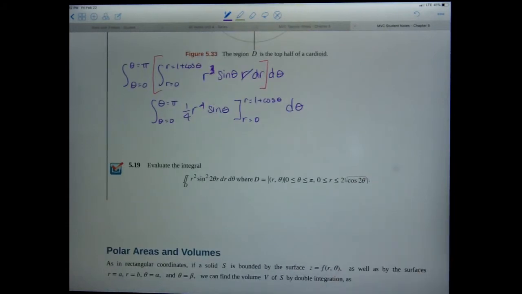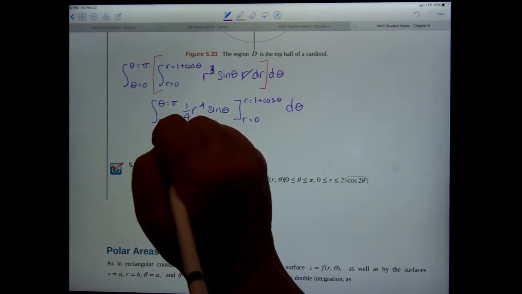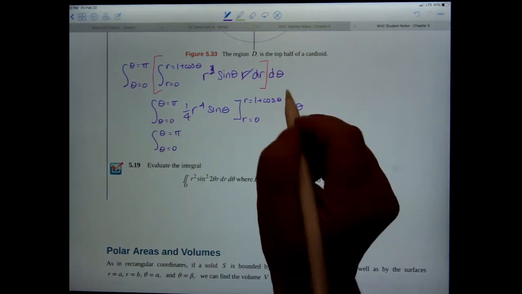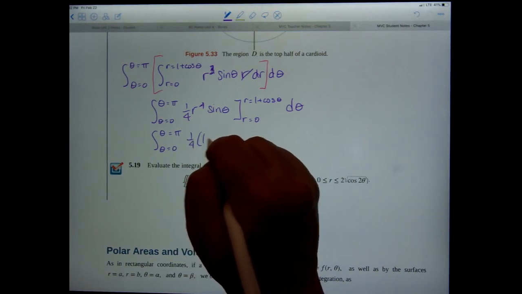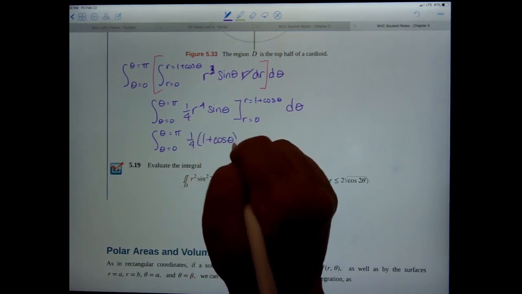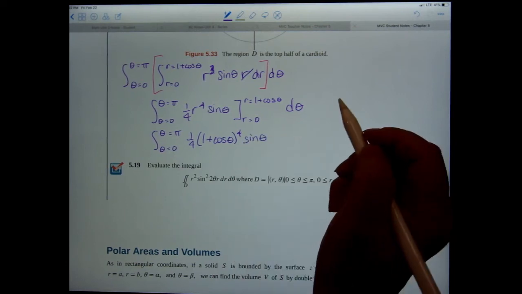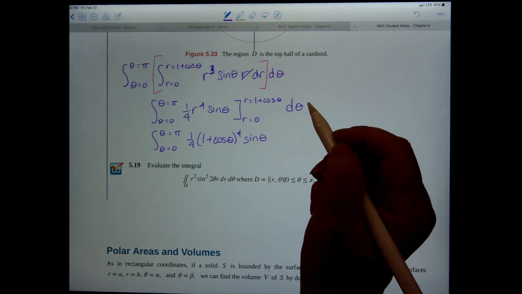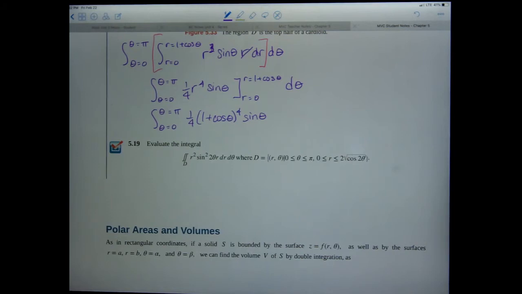Especially now when r becomes an equation. This is when you're going to want to go to the calculator after you do your first plug-in. So this will be 1/4 1 plus cosine theta to the 4th sine theta. Wait, I plugged in the upper limit, the top, the 1 minus cosine theta, goes in place of the r.